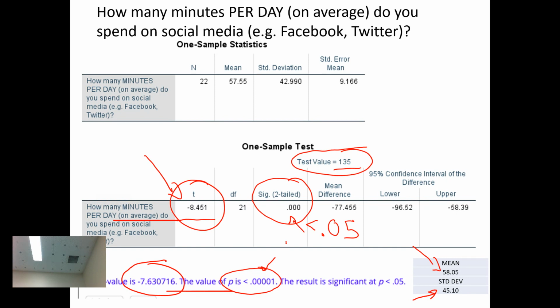Oh, I see what you did. Oh, I know the problem. There's a little field on the bottom. You put 135 there. You have to compare it with the national average.